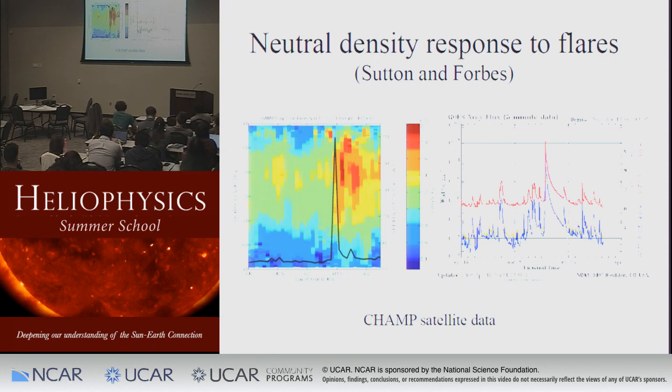This black trace represents the X-ray flare that occurred. And the GOES satellite has two different channels that measure the X-ray flare intensity. So the period is flaring in general, but there is this very intense X-class flare. When the X-class flare came in, almost immediately you can see the density at 400 kilometers went up.